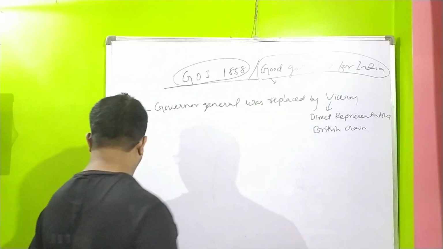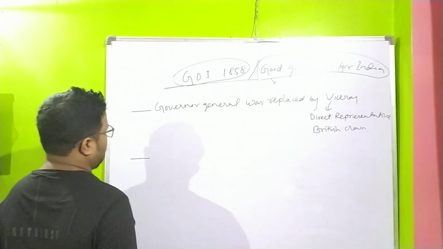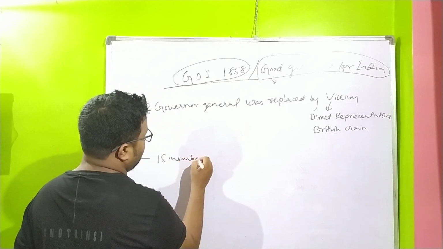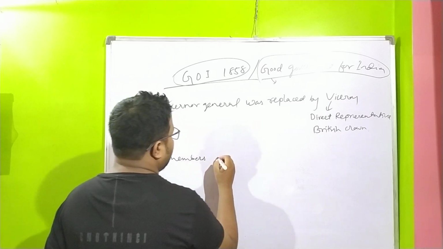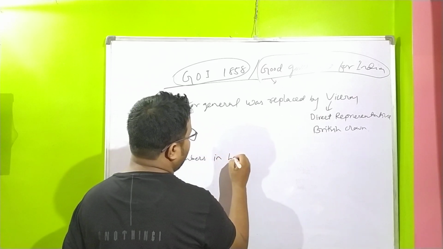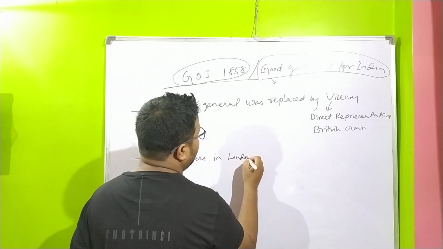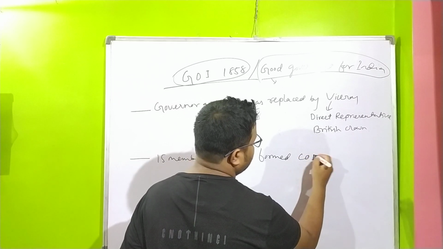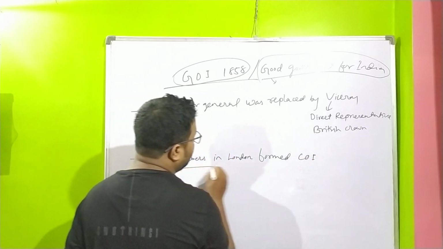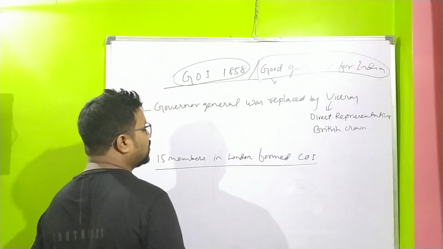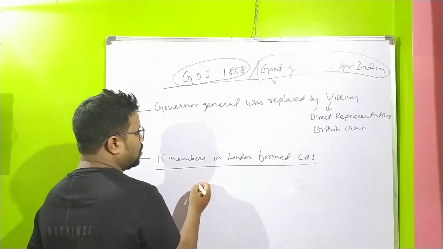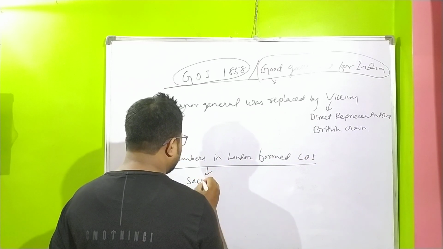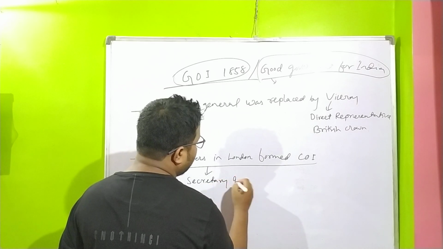Okay. And number two, what did they do? 15 members in London formed the Council of India, and the Council of India was to be headed by the Secretary of State.